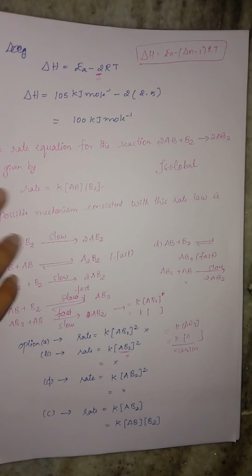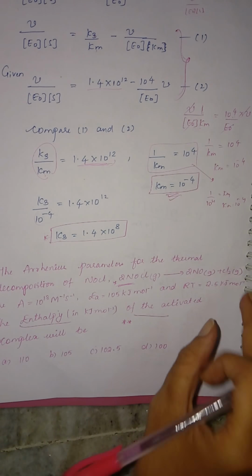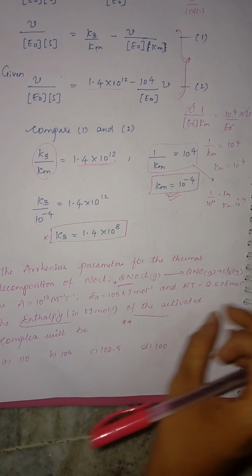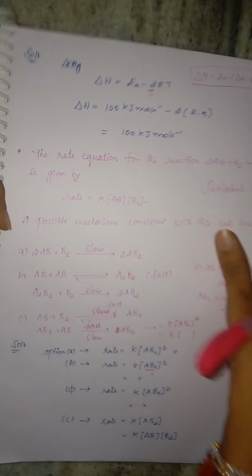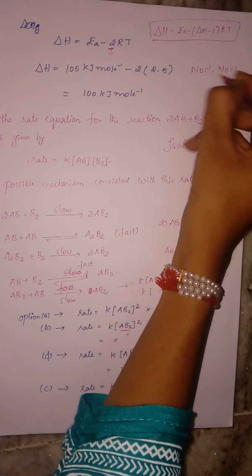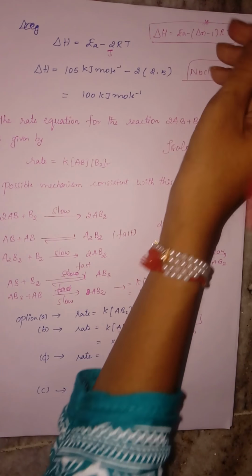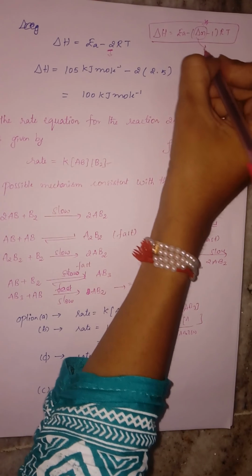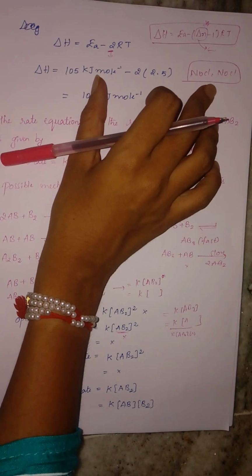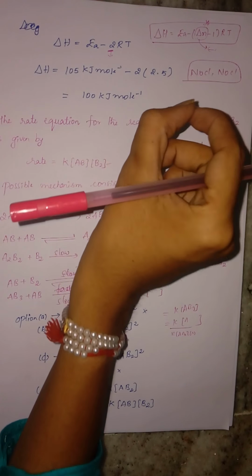If you go that way, you will not get minus 2 RT, but because you have been asked about the activated complex, and even in the activated complex two molecules, that is NOCl, are involved, it becomes a bimolecular reaction, and you don't go with this formula because that is only for products minus reactants. But here it's not asked about the product, only the activated complex. That is the point you have to stress on in this question.